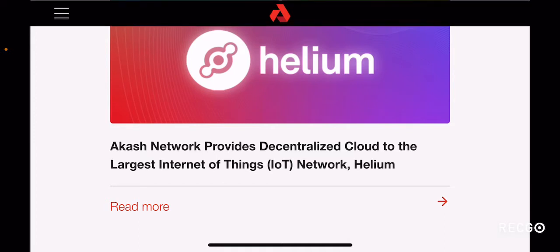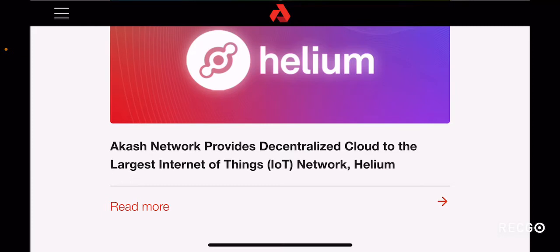So Akash network provides decentralized cloud to the largest Internet of Things network, Helium. Helium is known as one of the largest Internet of Things networks, where anyone can buy a Helium miner and plug it in at their home for a fraction of the electricity cost compared to Bitcoin miners or Ethereum miners.